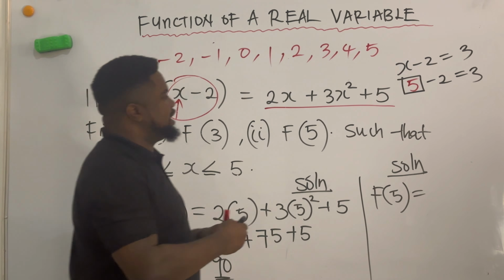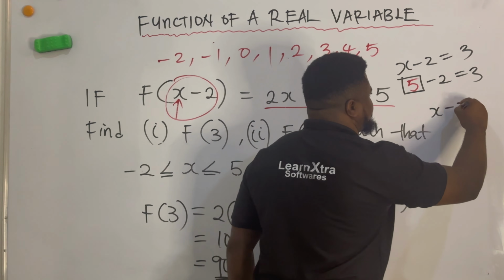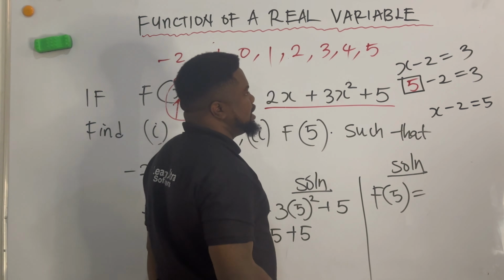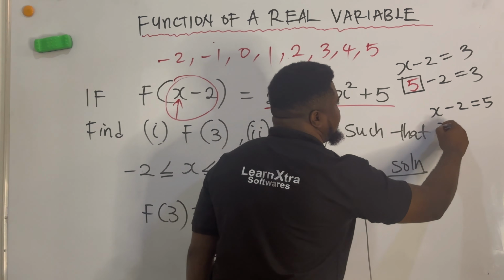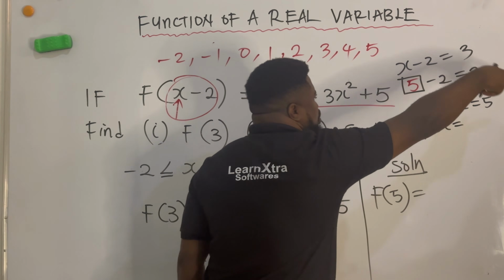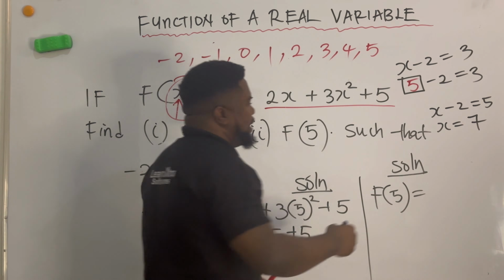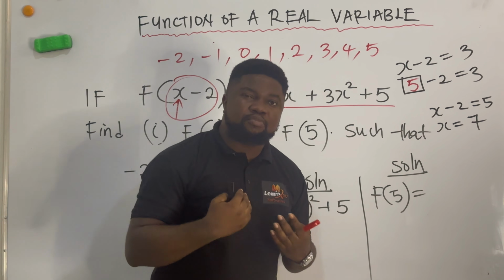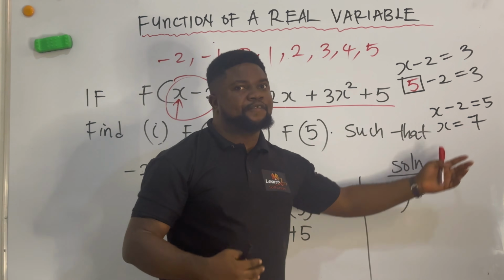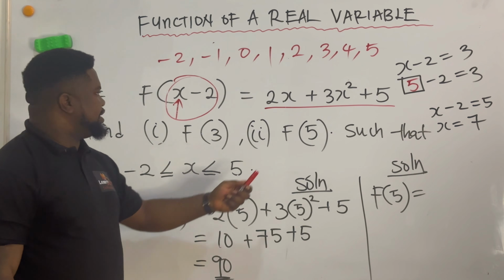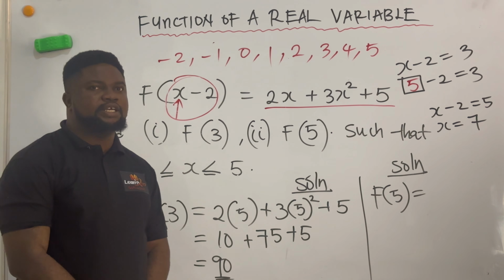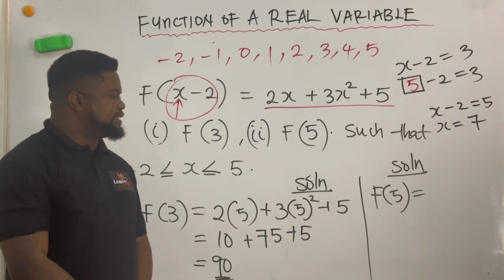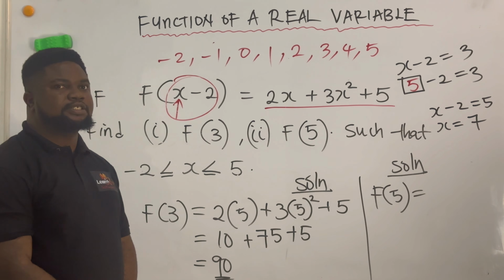Let's check. x minus 2 equal to 5. This makes our x to be minus 2 going over, 7. Our x must be 7 for us to find f of 5.